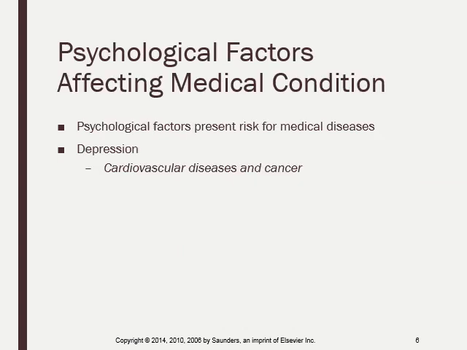So there are lots of psychological factors that affect medical conditions. And what I think is pretty interesting with this is they have a pretty large list of those on page 318. We can see the medical condition of cardiovascular disease, who it's happening in, and many times the genetic and biological correlations.